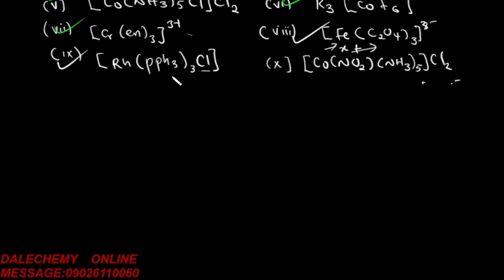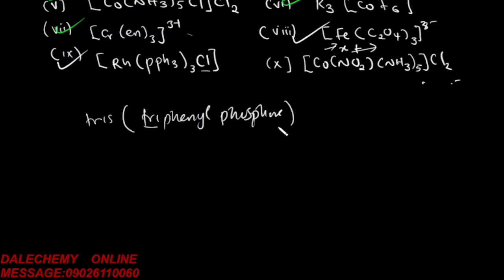So this has chlorine, and this is called triphenylphosphine. You're already having tri in the name, right? So when you want to name it, you don't need to put tri again. It should now be tris. You put it in brackets, tris, triphenylphosphine, because we're having 3 of them.